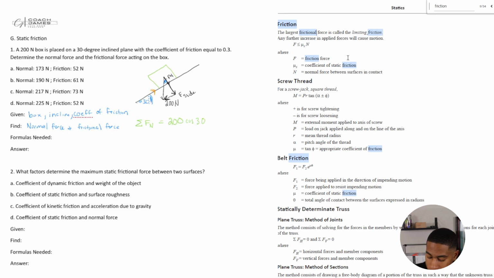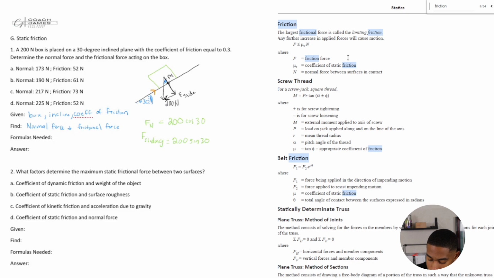What about my sliding force? So my force sliding would be the same thing, but it'd be 200 sine of 30. We don't need the force of the sliding.